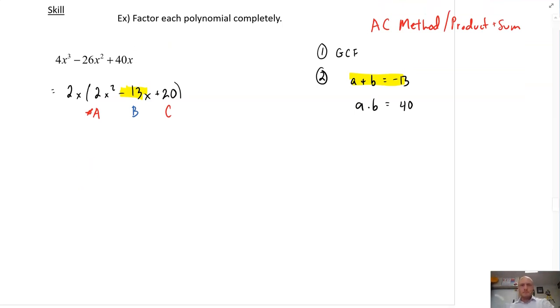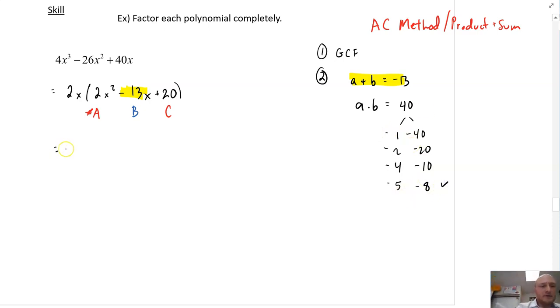Okay, so what factors of 40 give us -13? I can list 1 and 40, 2 and 20, 4 and 10, and 5 and 8. Since our b value is negative, all of these have to be negative, and that's going to be -5 and -8.